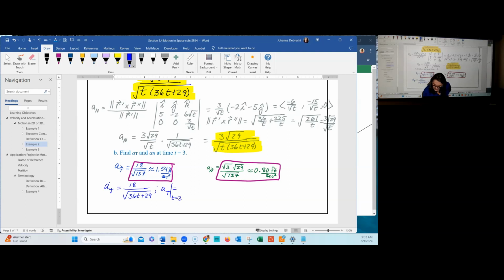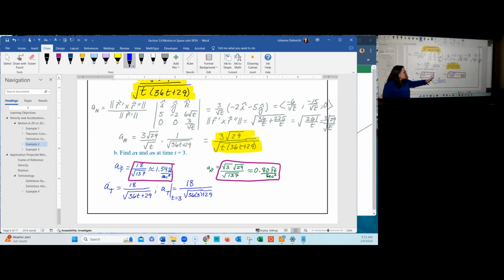When the lowercase t is 3, we have 18 over the square root of 36 times 3 plus 29, which when you reduce it gives you 18 divided by the square root of 137, which is about 1.54 feet per second squared in the direction of the unit tangent vector.